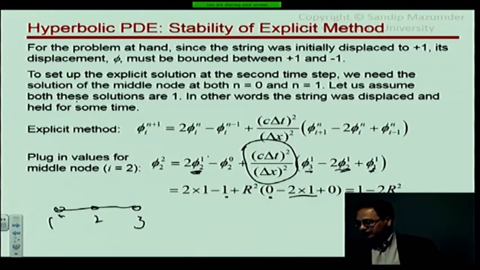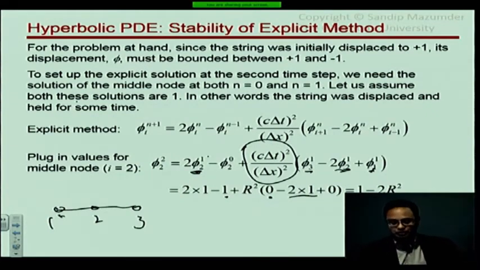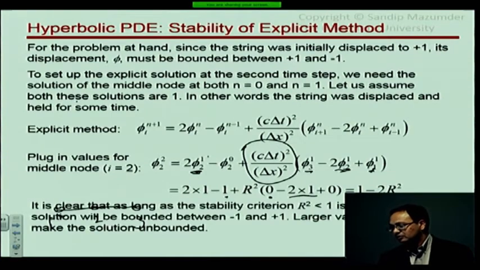So that gives me 1 minus 2r square, and you can immediately see that if I put in any value of r greater than 1, I immediately exceed those bounds. So as long as r square is less than 1, the solution is between plus 1 and minus 1. The moment you exceed r square greater than 1, your solution becomes unbounded.